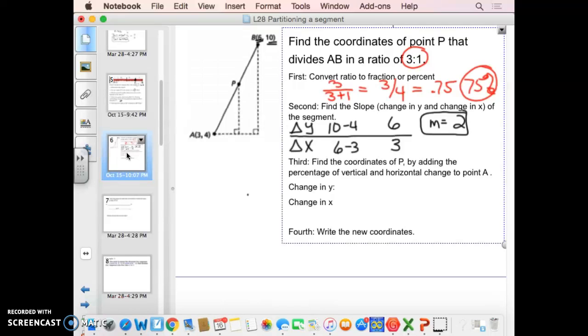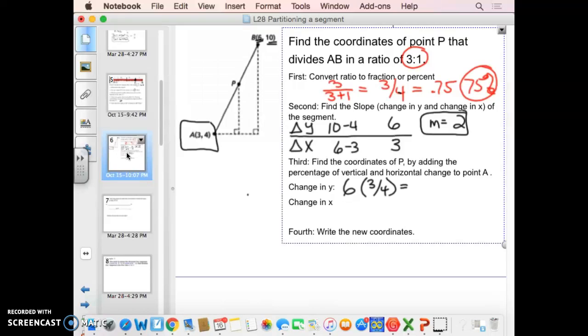The third step is you're going to add the percent of vertical and horizontal change to the first point. In this case, our first point, the point that is furthest to the left, is 3, 4. So what was my change in y? My change in y was 6, and I'm going to multiply it by 3/4.